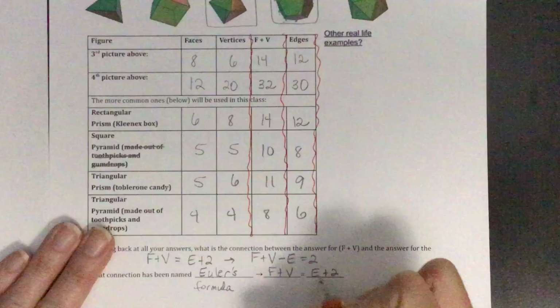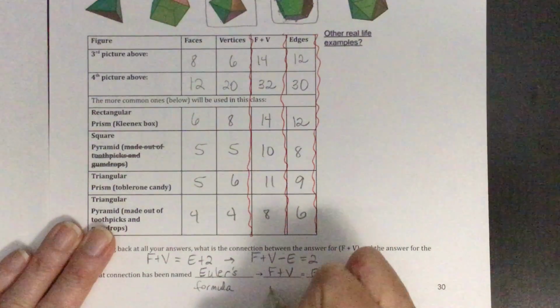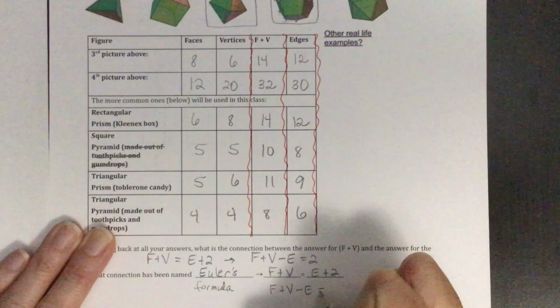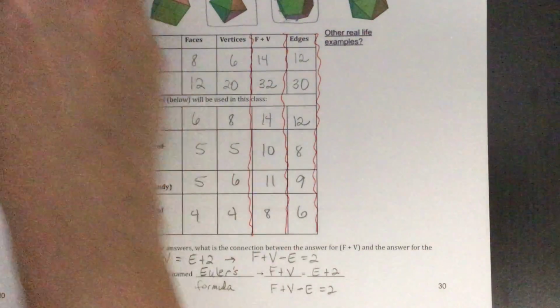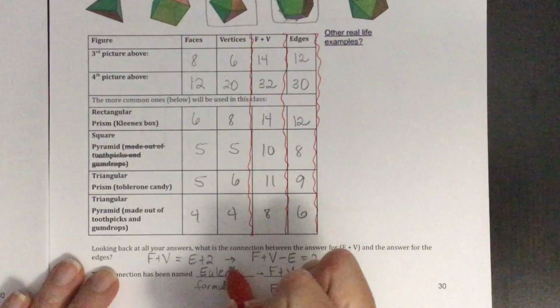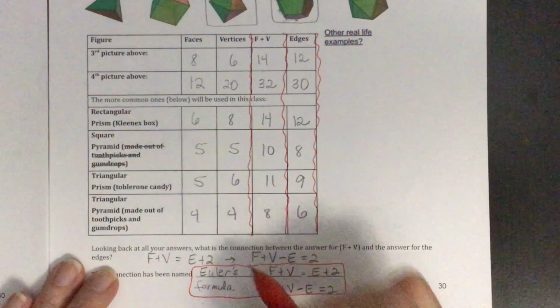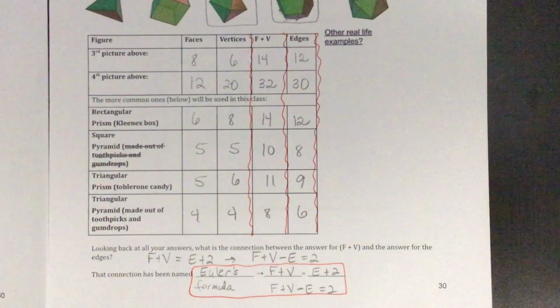Okay, or if we do a little algebra and subtract E from both sides, faces plus vertices minus edges will always equal 2. So you're going to want to know at least one version of this formula by heart.